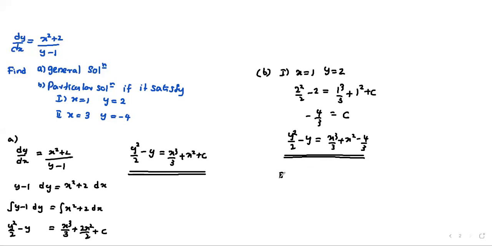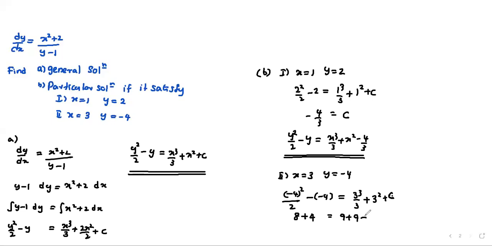Part 2 is when x equals 3, y turns out to be minus 4. It's minus 4 squared over 2 minus 4 equals x cubed, 3 cubed over 3 plus 3 squared plus c. Right. So over here it's 16. 16 divided by 2 is 8 plus 4 equals 9 plus 9 plus c.